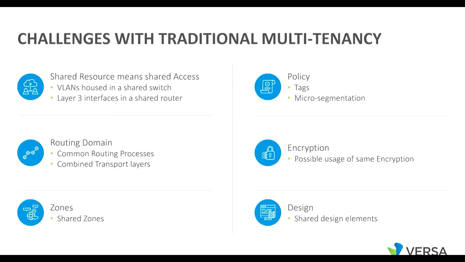So shared access becomes one of the biggest problems, and it permeates from layer 2, layer 3, all the way down to micro-segmentation, where I'm running the same network but just using different tags and policies to distinguish my traffic throughout the network.